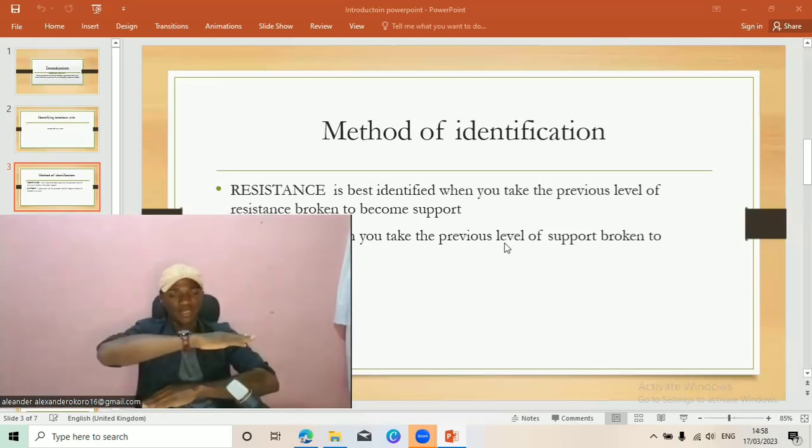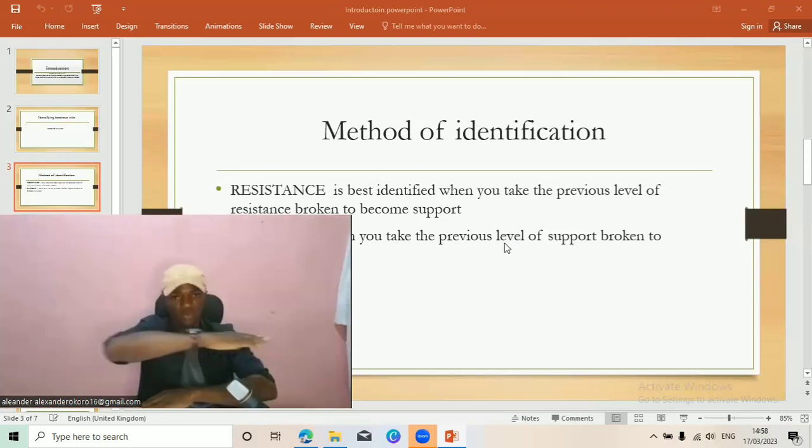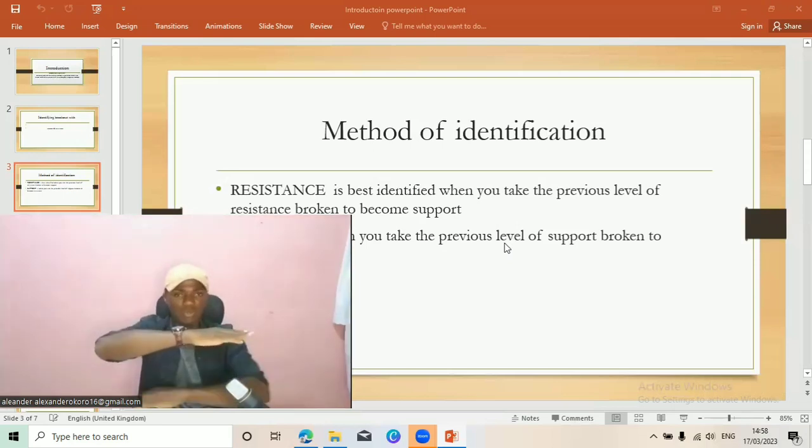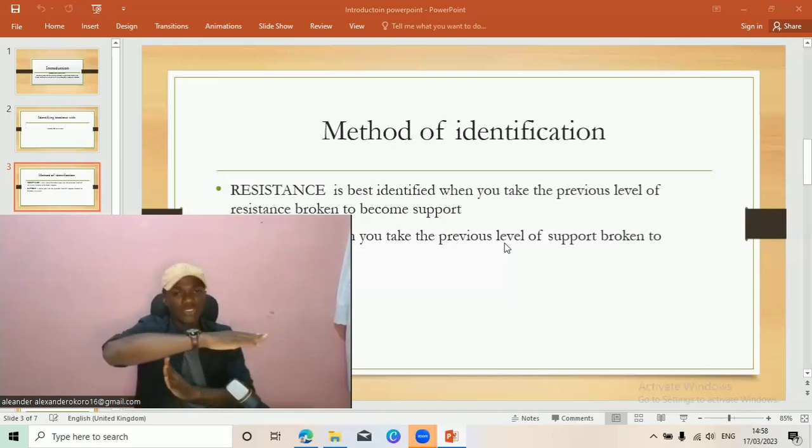Like we said, our resistance is the one that is above, from the previous class, as we were able to establish that. And then support is the one below, right? Now, for us to identify our resistance breakout, we take the previous level of the resistance broken to become support. Now, you know this is the resistance.